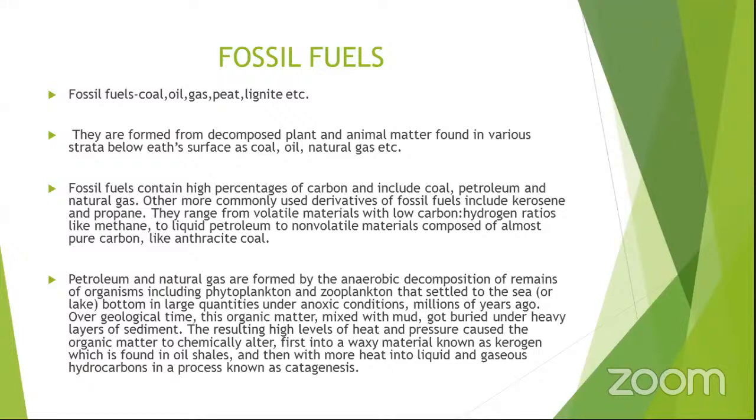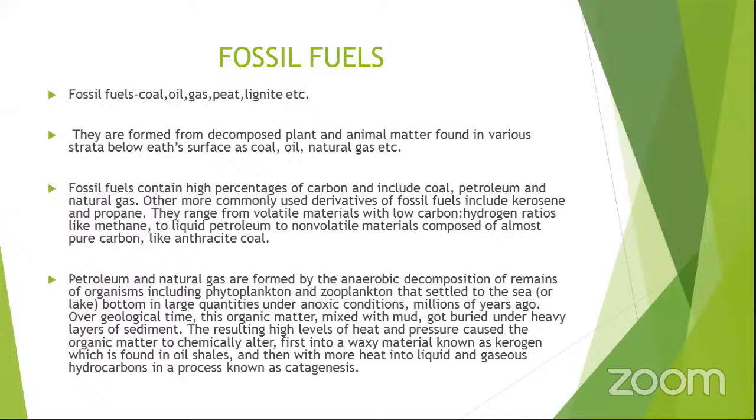Petroleum and natural gases are found basically through the anaerobic decomposition of the remains of marine organisms and also phytoplankton and zooplankton, which are aquatic plants. Over geological time, this organic matter got mixed with mud, got buried, and under heavy pressure and heat got anaerobically converted into a material called kerogen.